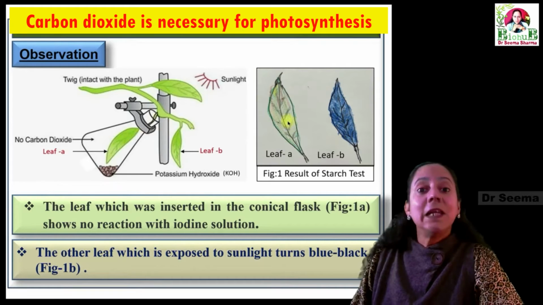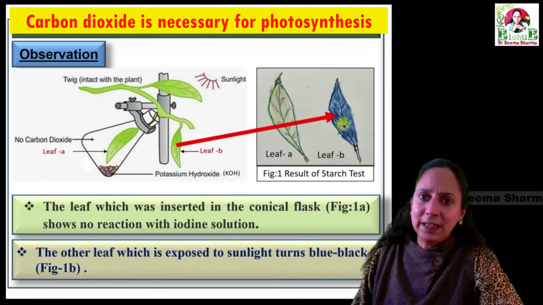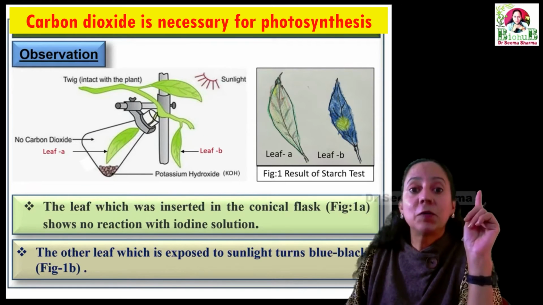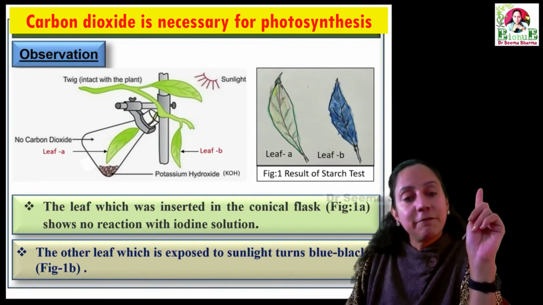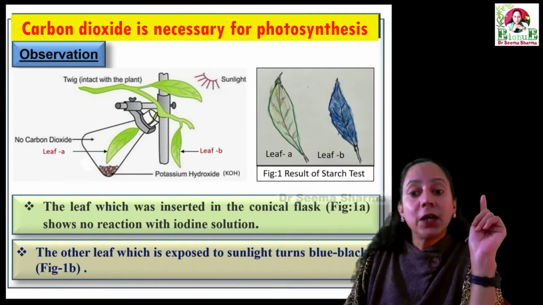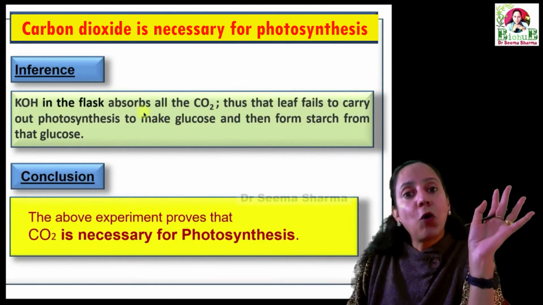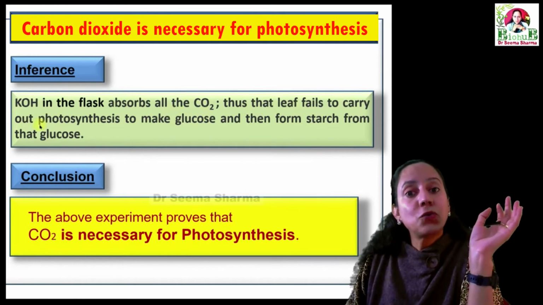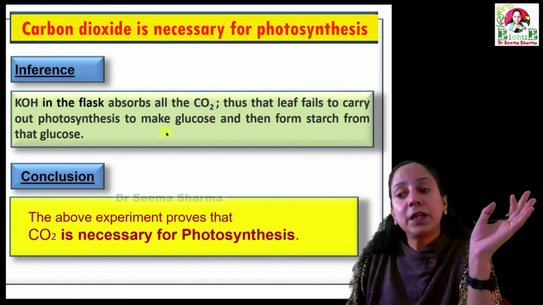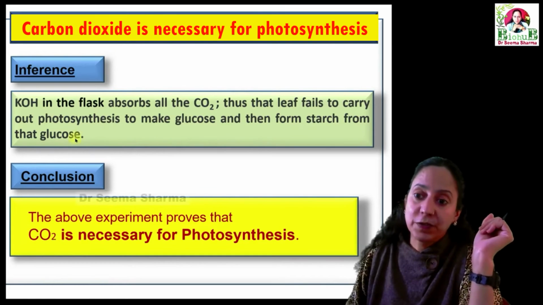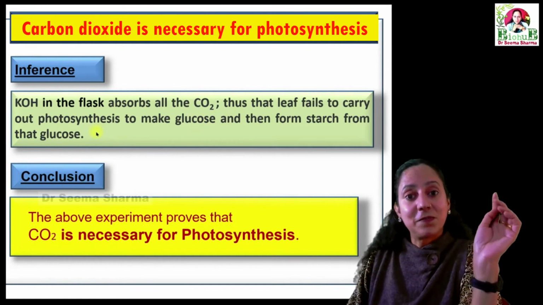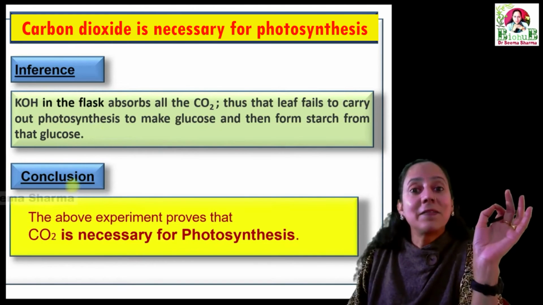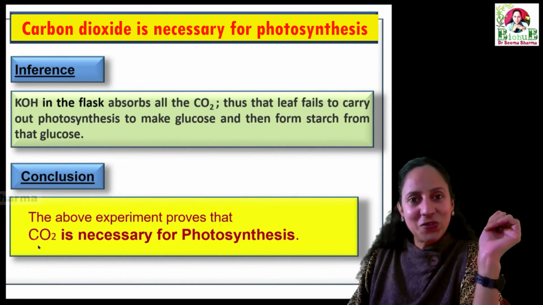On the other hand, leaf B turned bluish black in color when tested with iodine for starch. With the help of these 2 observations, we can conclude that the KOH in the flask absorbs all the carbon dioxide. Thus, leaf fails to carry out photosynthesis to make glucose and then form starch from that glucose. So, with the help of this activity, we can clearly conclude that carbon dioxide is necessary for photosynthesis.